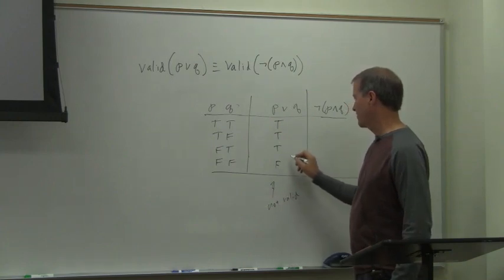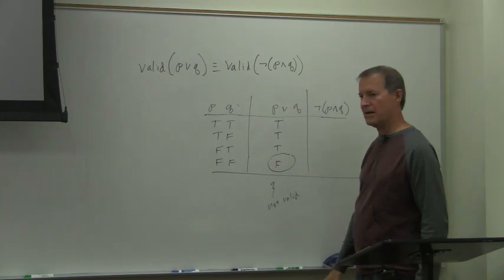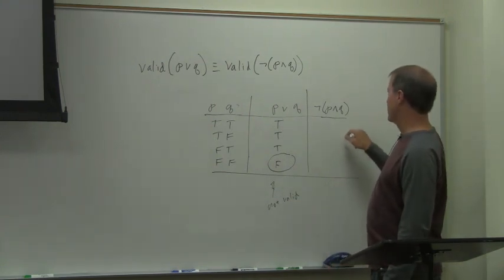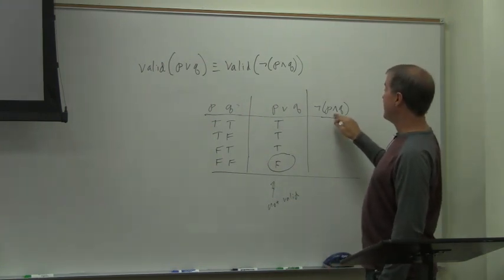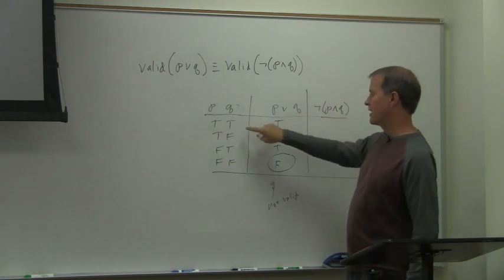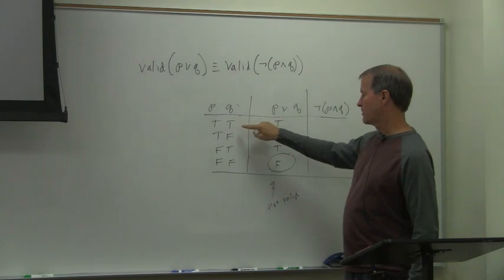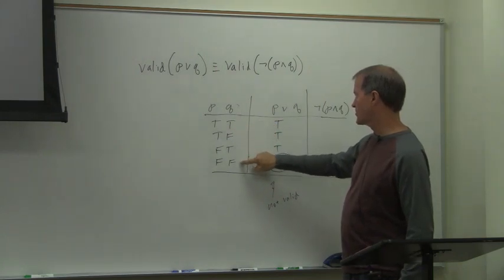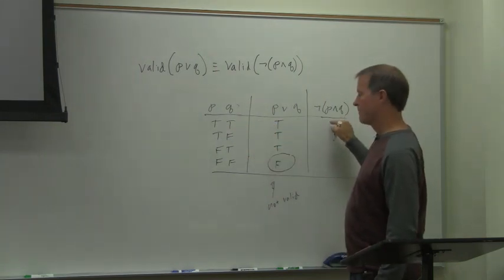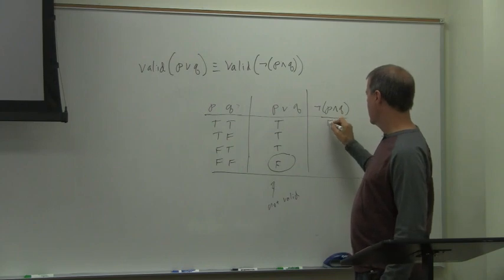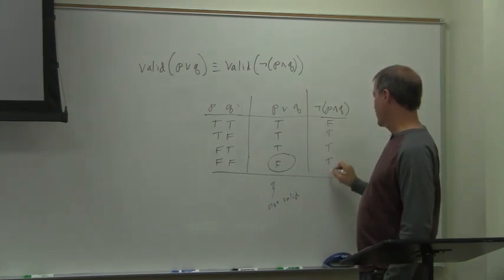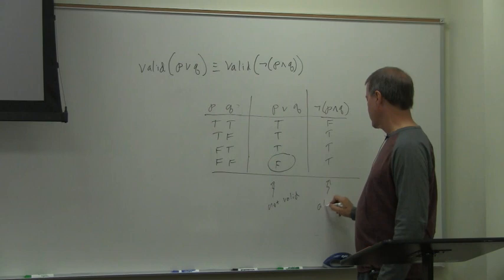Because of that. And how about this one? P and Q is going to be true, false, false, false. So not is going to be false, true, true, true. And so this is also not valid.